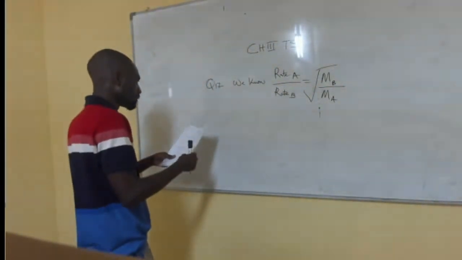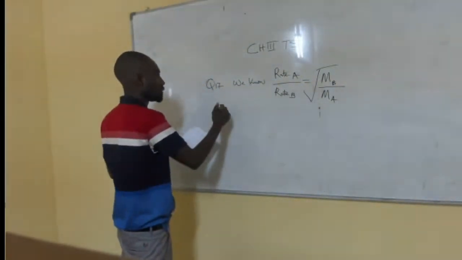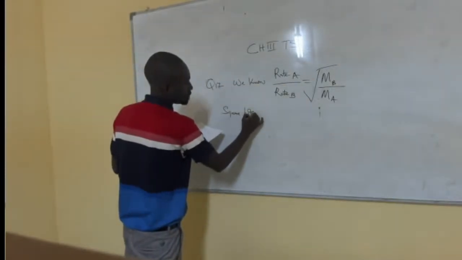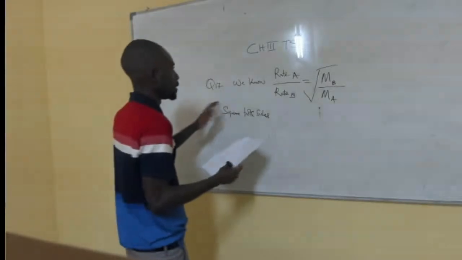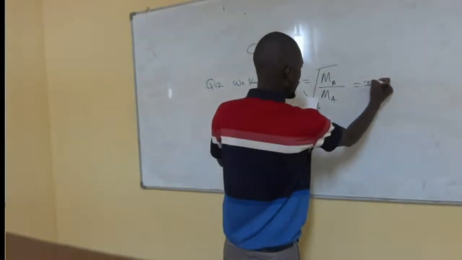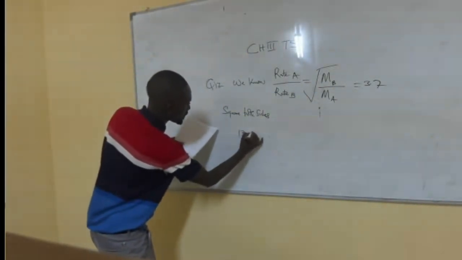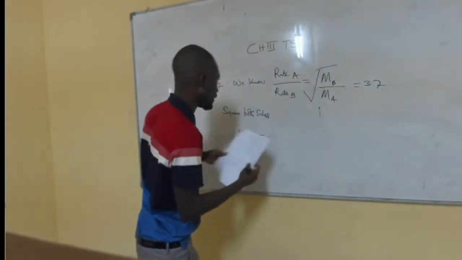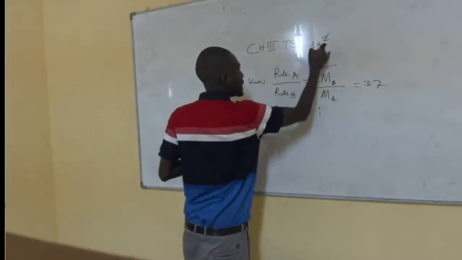To calculate further, you can just square both sides. You remember here we had 3.7. When we square both sides, we're going to have 13.69 equals, and the square root would disappear, because we're simply saying half, I'm not trying to teach maths.